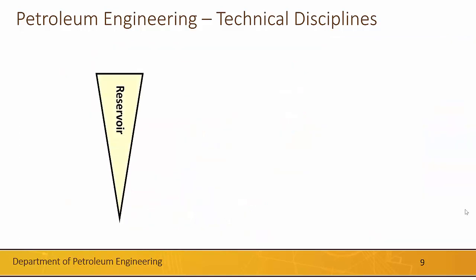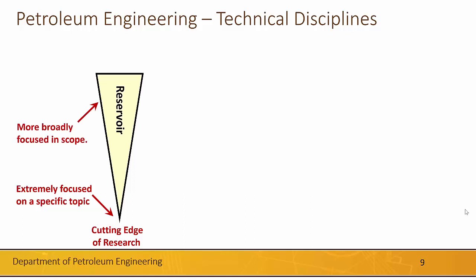Now, all of these disciplines have various levels to them. We can be doing cutting edge research in reservoir engineering where we're extremely focused on a particular aspect of reservoir engineering, or we can utilize what we have found in that research and apply it in a broader scope. And this is when we implement what is found within the research into the field.